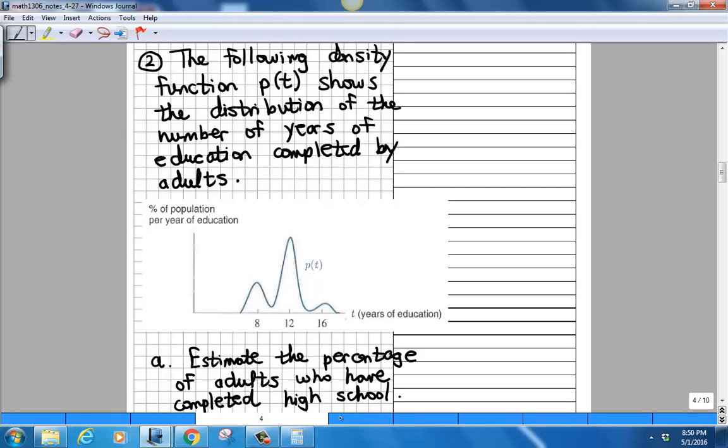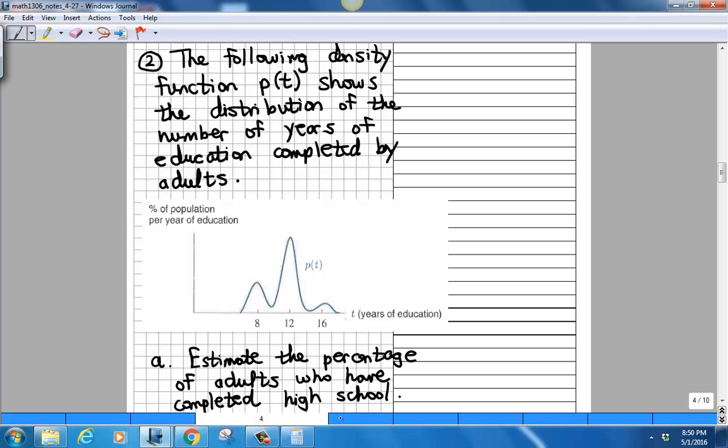So again, if this is truly a density function, then the total area beneath this curve has to be exactly 1, okay? Because density functions are always set up so that the total area beneath the curve is 1. Of course, some portion of the population has very little education, below 8 years of education, so not even an 8th grade education.